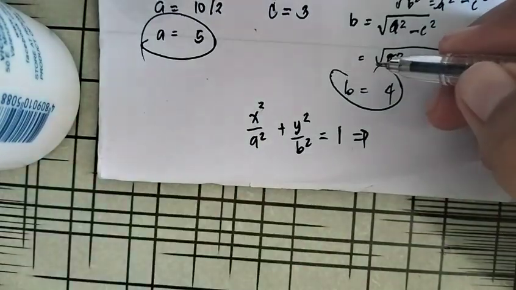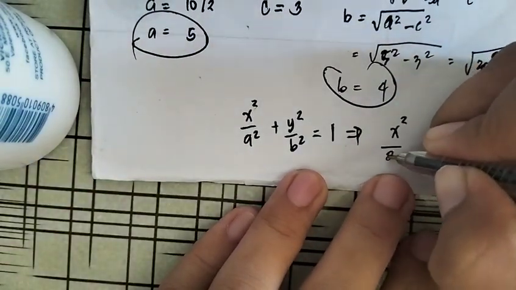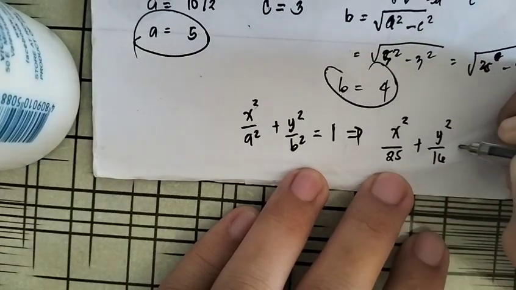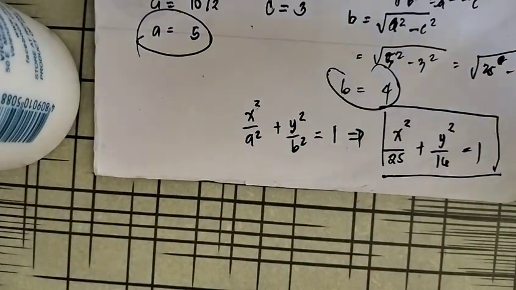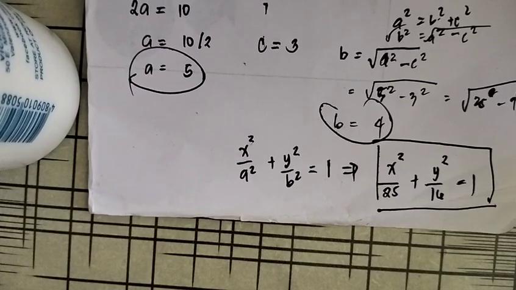Substitute this value a and b. So, you have now x squared over 25 plus y squared over 16 equal to 1.